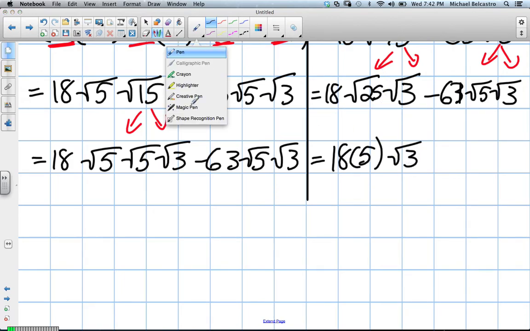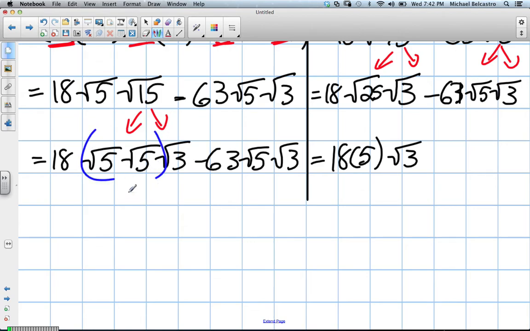So essentially, root 5 times root 5 turns into this. So really, root 5 times root 5 is just 5. Anytime you are multiplying the square roots with the same base, the answer is essentially just going to be that base, which is 5 in this case.